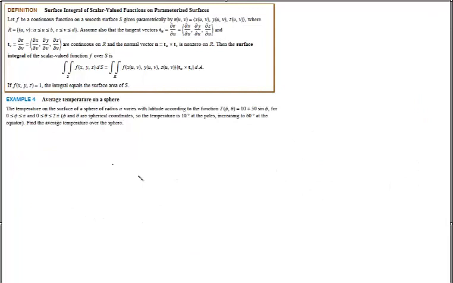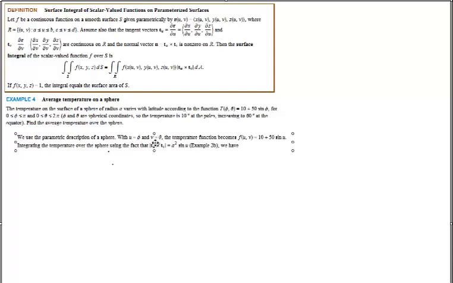Alright, on this one we are looking at the average temperature on a sphere. So we are going to parameterize this on a sphere, and we will go ahead and write down what that looks like. So here we go.